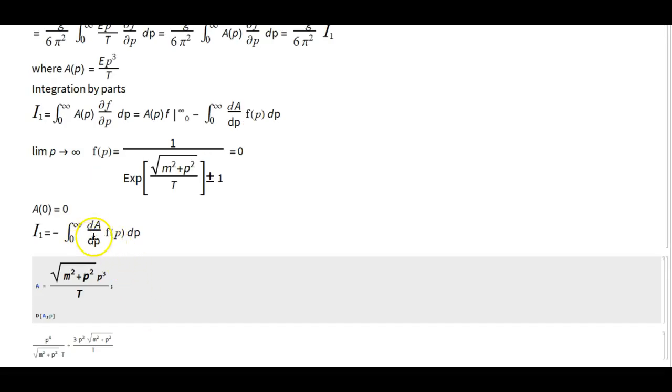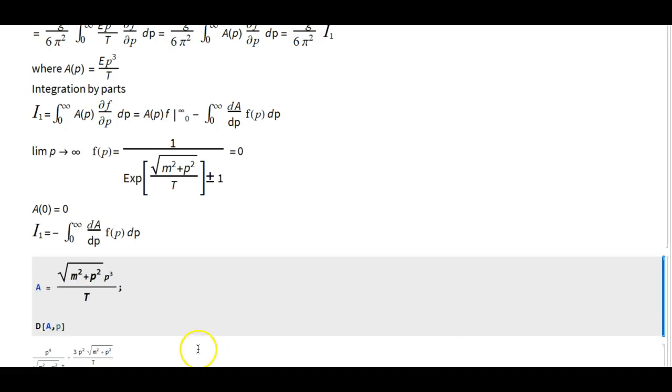Now I1 is this. What is dA over dp? What is A? A is E p³ over T, and when we write E as the square root of m² plus p², then we are writing E as the square root of m² plus p², multiplied by p³ over T. Take its derivative with respect to p, and we get this.